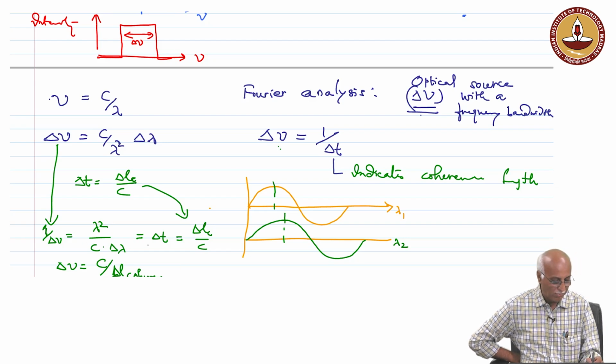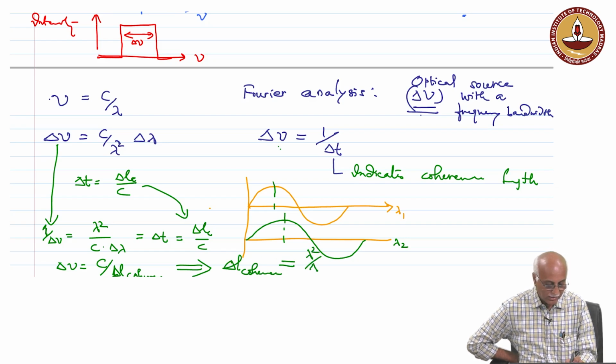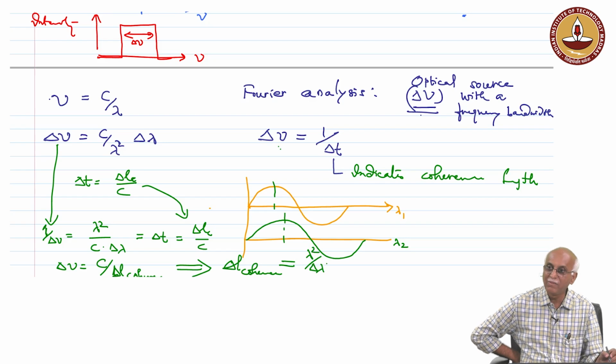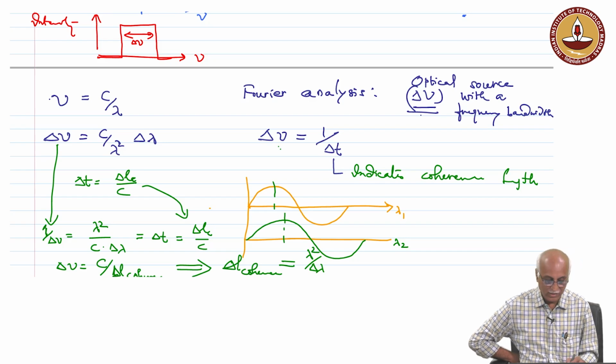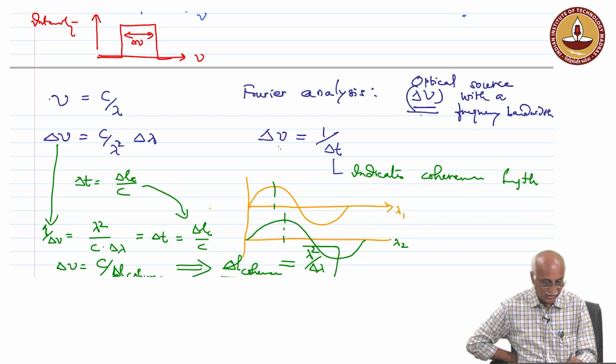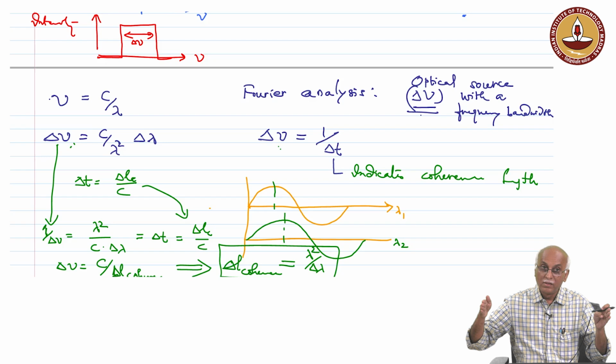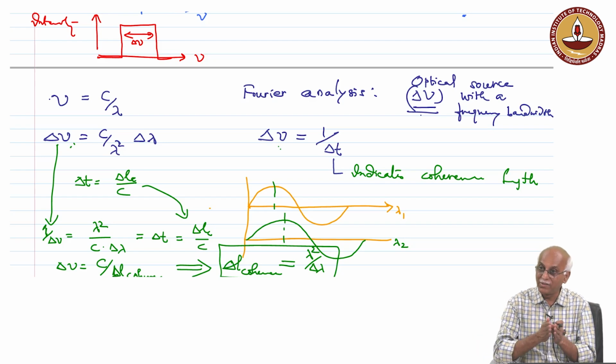Or using this to combine, you simplify, what you will get, delta L coherence length is nothing but lambda square by delta lambda, correct. C will get cancelled out, is it okay. So, approximately if delta lambda, which represents the spectral width, broadens, then the coherence length decreases, okay.